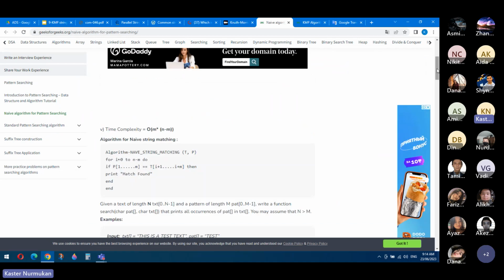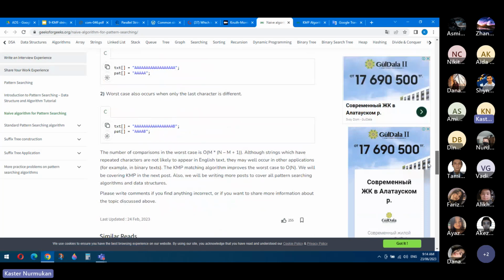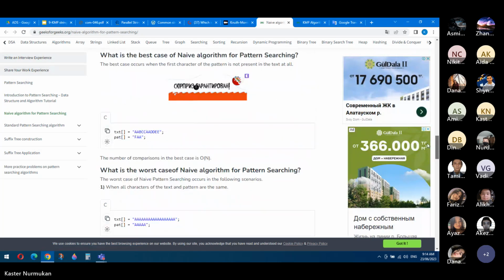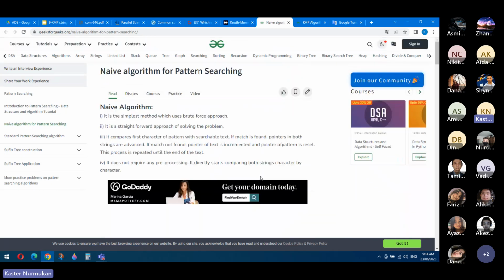The performance is n multiplied by m time, which is not what we expect. We introduce it so that we can compare. That's the bad one; then the good one is the solution, which is where the KMP algorithm comes from.